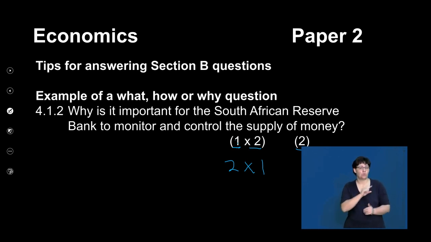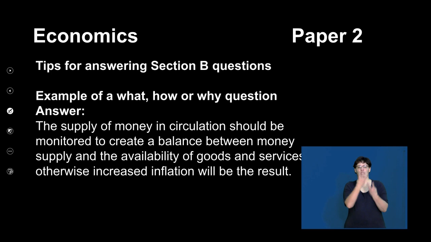Why is it important for the South African Reserve Bank to monitor and to control the supply of money? Right, let's look at the solution, boys and girls. Now, remember I said this should be answered in full sentences and you need to show the link to your solution. So here is the answer. The supply of money in circulation should be monitored to create a balance between money supply and the available goods and services in the economy.